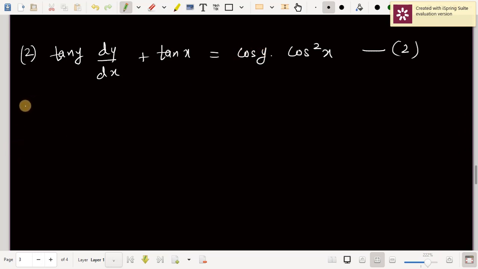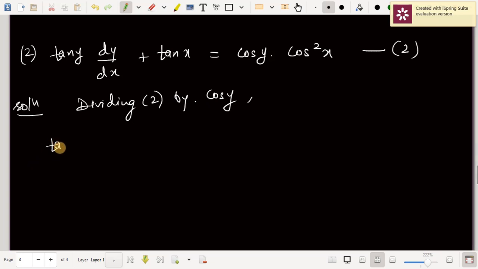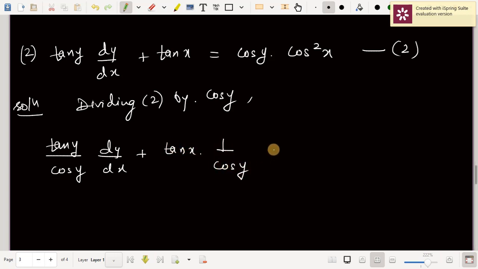So dividing 2 by cos y, we get tan of y upon cos of y dy by dx plus tan x upon 1 by cos of y is equal to cos square x.